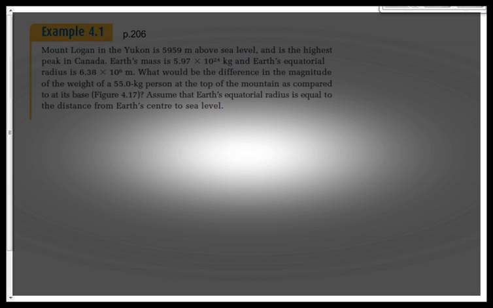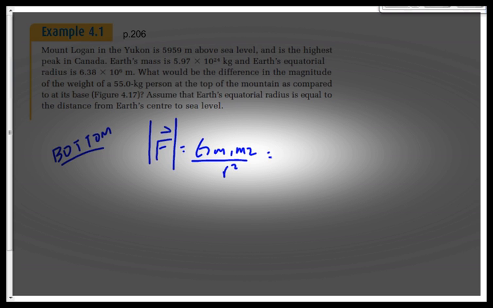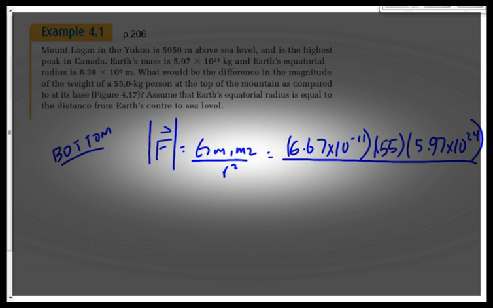Well, let's get the weight at the bottom. We got 6.67 times 10 to the minus 11 times 55 kilograms times 5.97 times 10 to the 24. Hey, what if I had to change the order of those? What if I had to make the Earth first and then you? Doesn't matter. What's 1 times 2? 2.